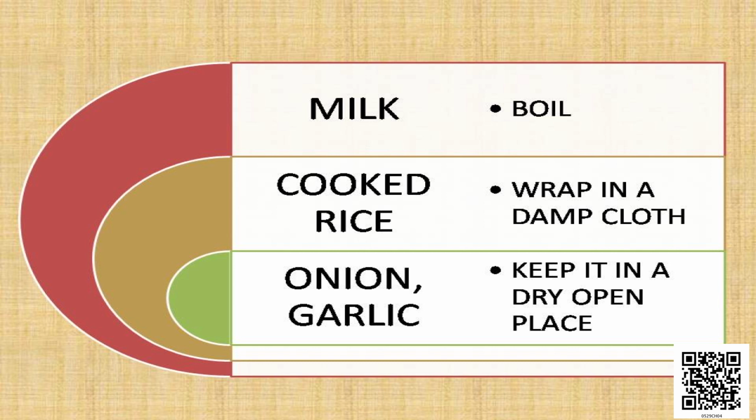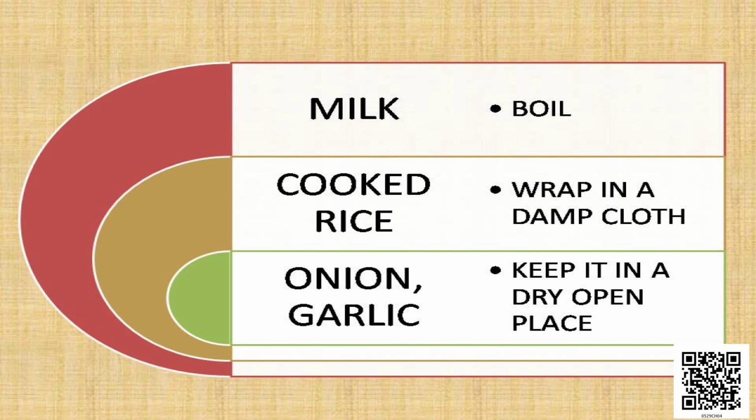So, let me first talk about milk. If you are not keeping it inside the refrigerator, then definitely another way to keep it proper is to boil it twice a day at least. If you boil it twice a day, then no microorganisms can grow there. So, it will remain as it is. It will not get spoiled.